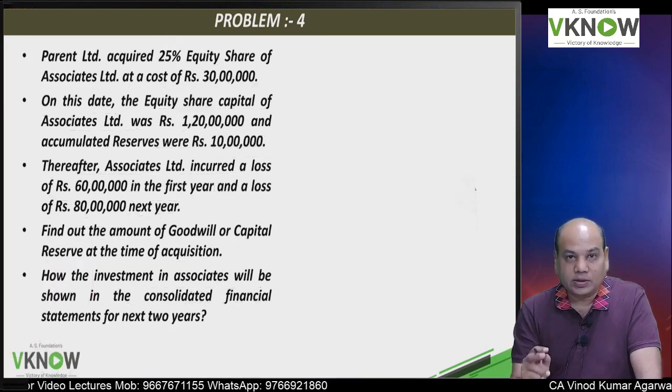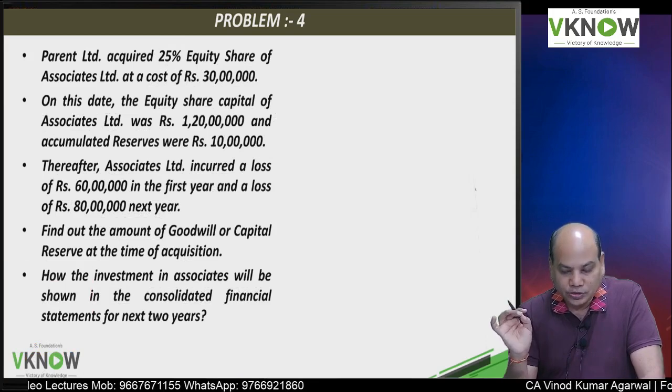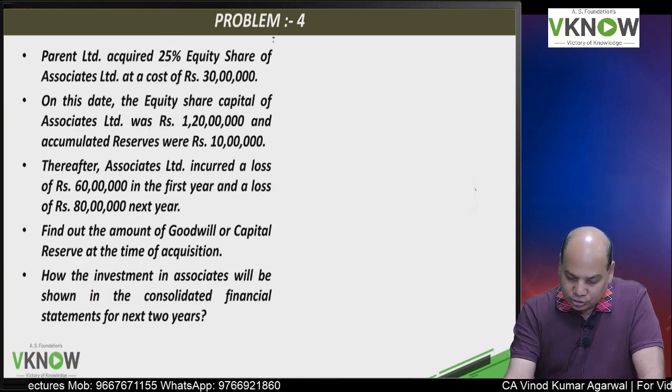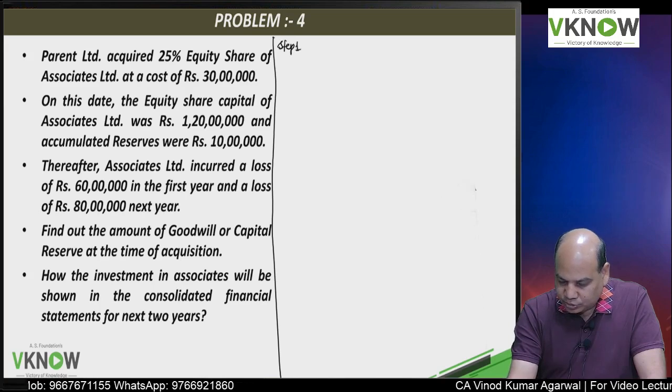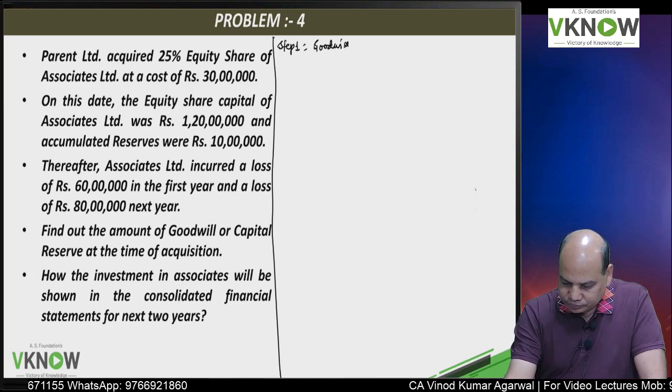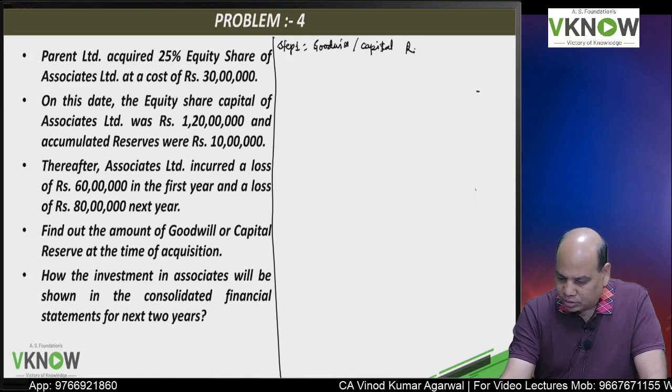So we have to prepare the balance sheet for next 2 years. How do you proceed with such question? First you should compute goodwill or capital reserve, because they have asked you.